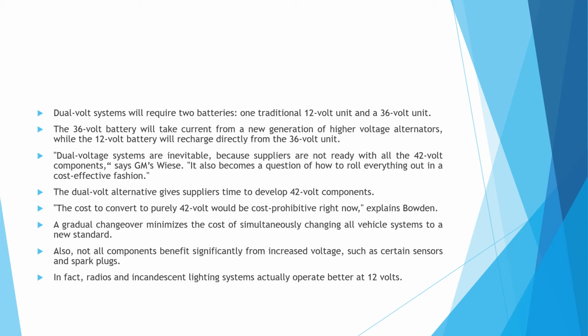The dual voltage systems are inevitable because suppliers are not ready with all the 42 volt components, and it also becomes a question of how to roll everything out in a cost effective fashion.